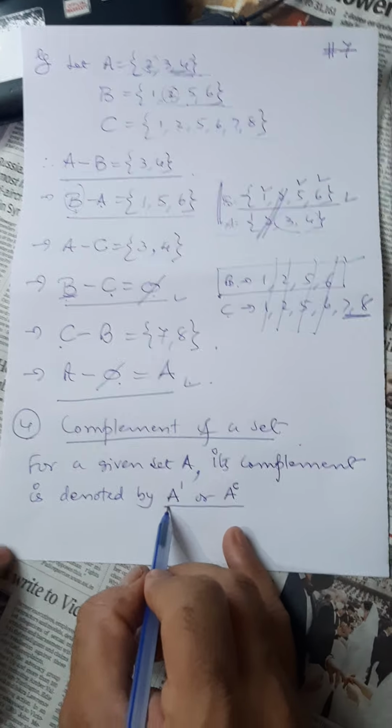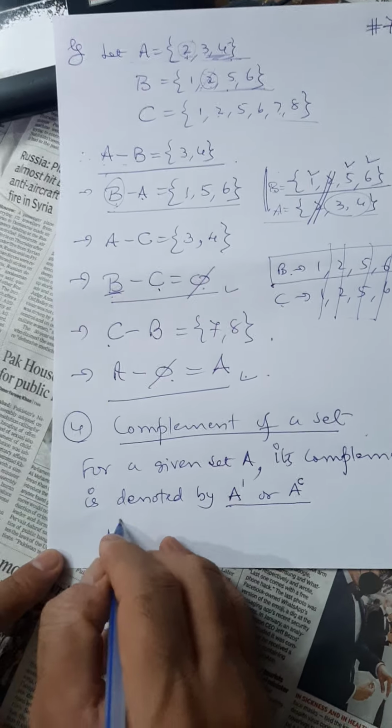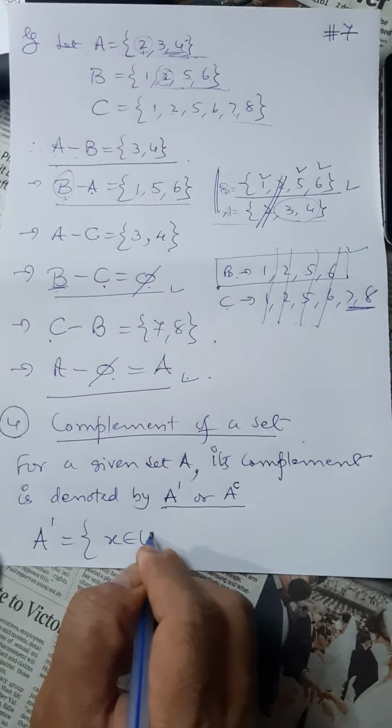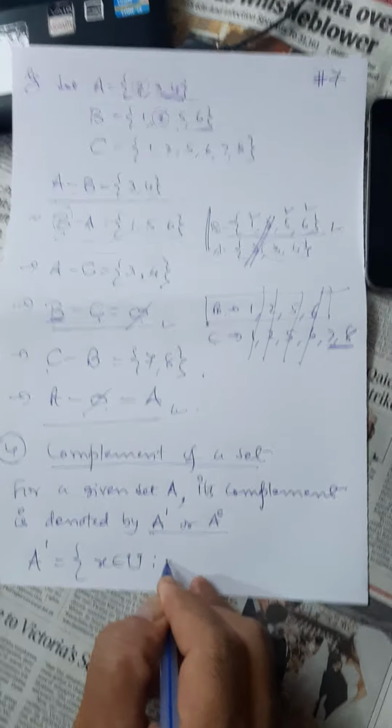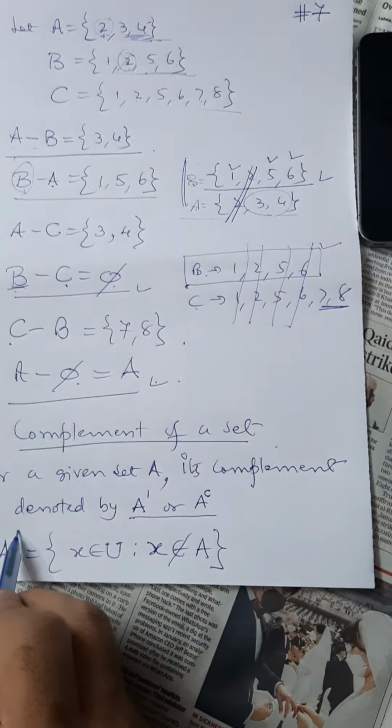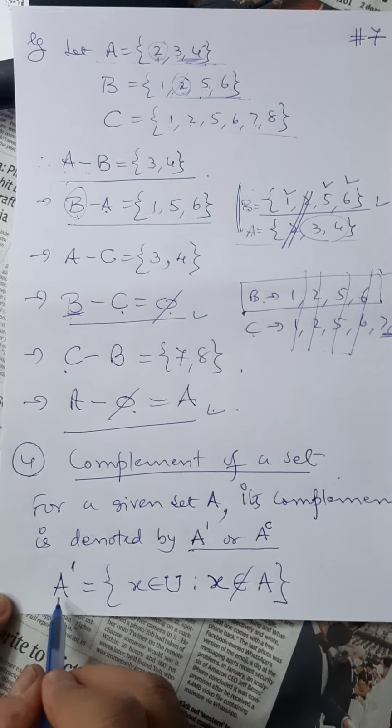This is read as A dash. Now what is A dash? That is all elements of the universal set, that is a rectangle, which are not in a given set. That's called A dash. This is for a single set.